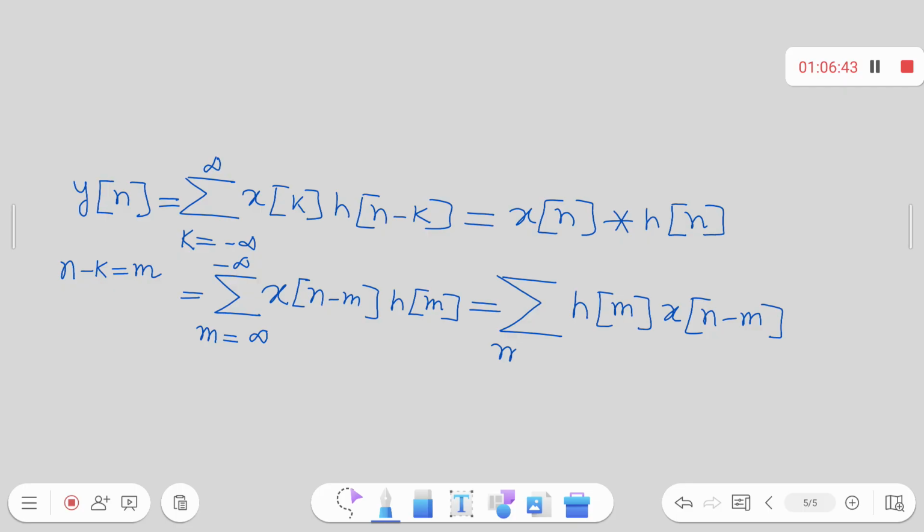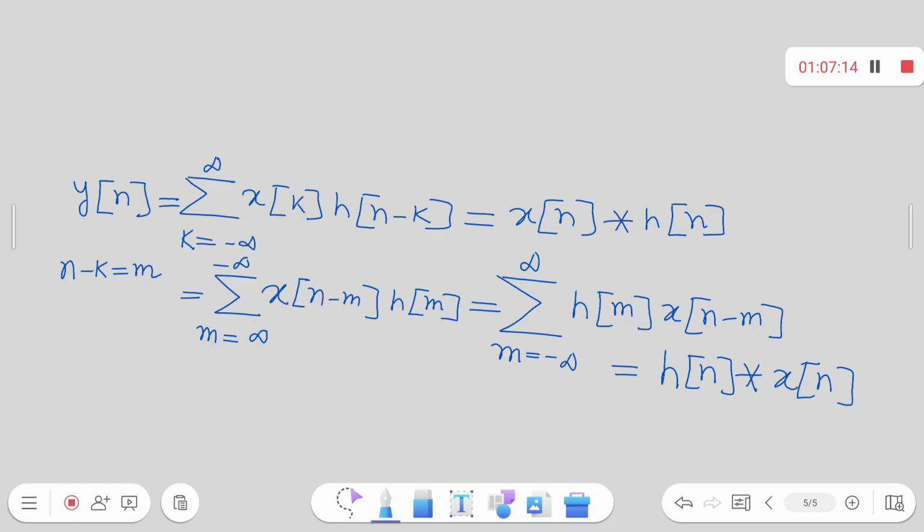So m is from minus to plus infinity. Now this equation, h of m x of n minus m, and that equation, x of k h of n minus k, are they similar? So if this is x of n star h of n, that can be represented as h of n star x of n.